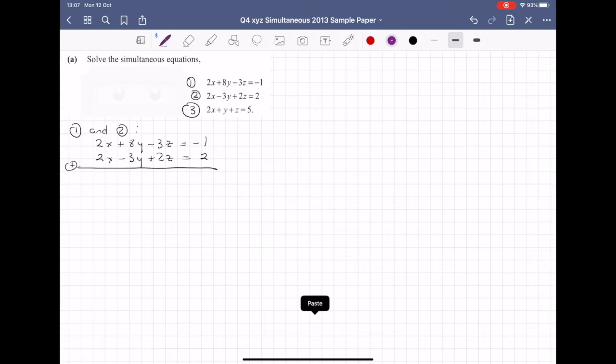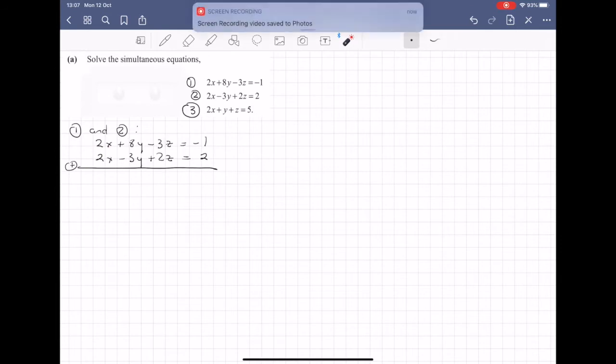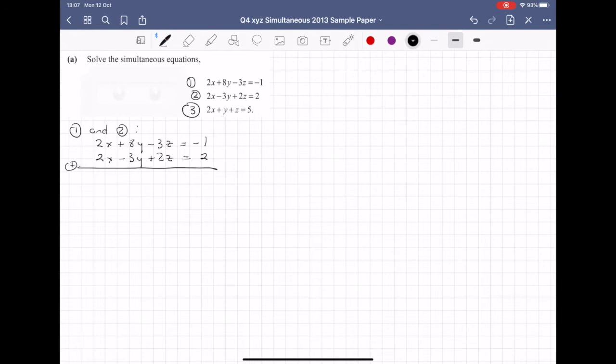Now if I add them as is, you can see that 2x plus 2x will give me 4x, so they don't cancel. So I have to change the sign all the way across, and you can see I put my new signs into a circle in a different color so that I know that's the sign I have to take.